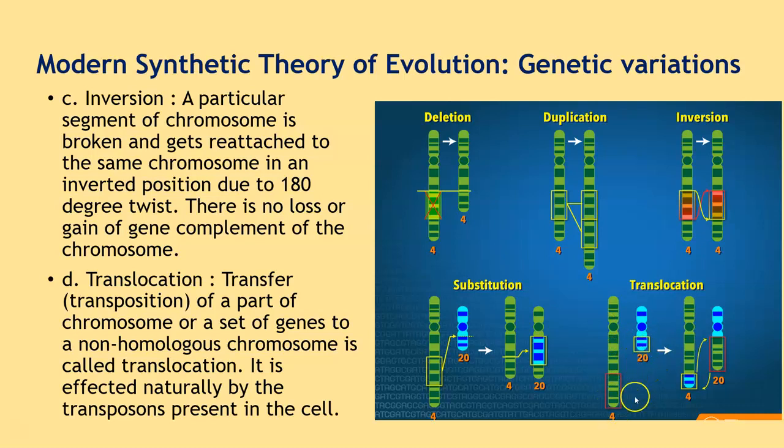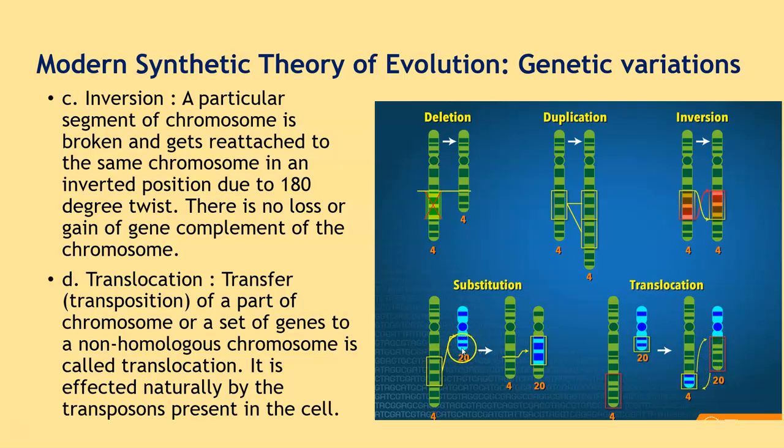Can you see the regions are marked? When translocation happens, the marked regions of the two chromosomes are exchanged. That is, they interchange their position. Can you see the blue region of chromosome 20 has come and attached to the green region of chromosome 4, and the green region of chromosome 4 has gone and attached to the blue region of chromosome 20? This process is called translocation.